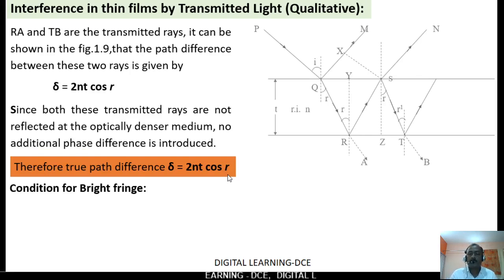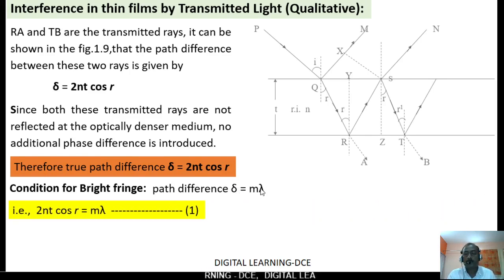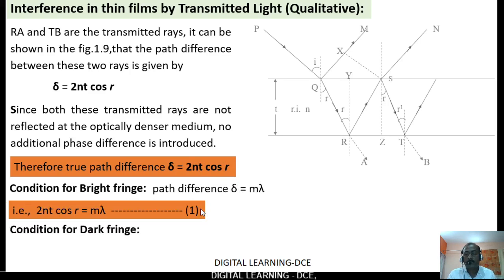Let us see the conditions for bright fringe. We know that the path difference should be m lambda. Here the true path difference is 2nt cos r, which is equated with m lambda, that will be equation 1. Let us see the conditions for dark fringe. We know that path difference should be 2m minus 1 into lambda by 2. We can equate this with the true path difference 2nt cos r.